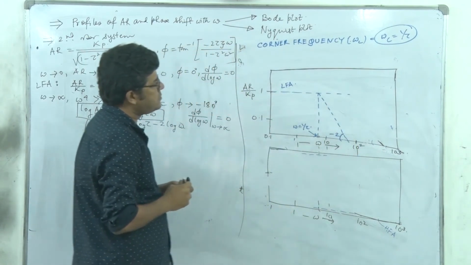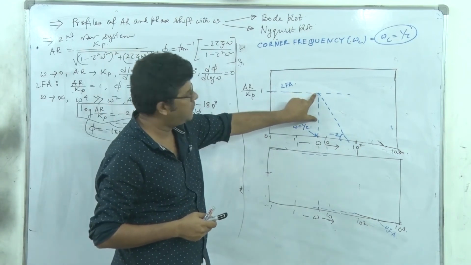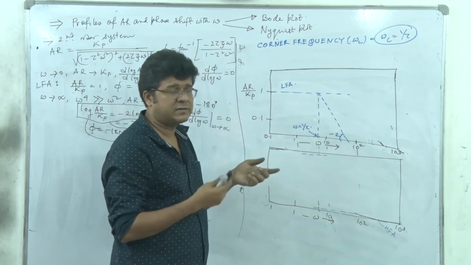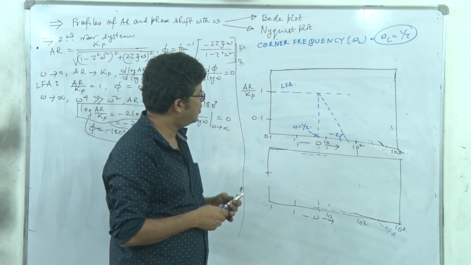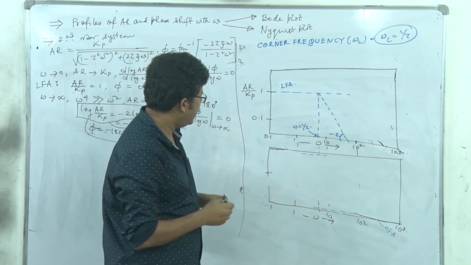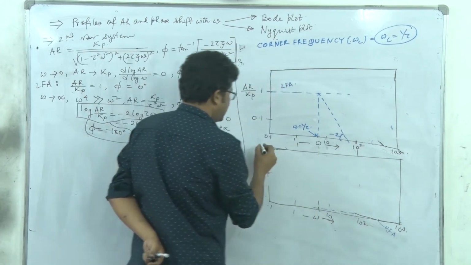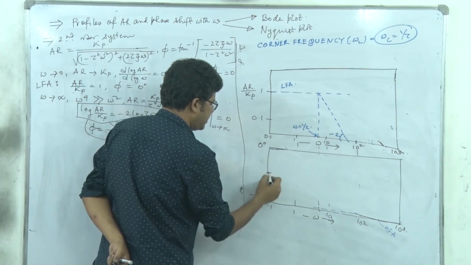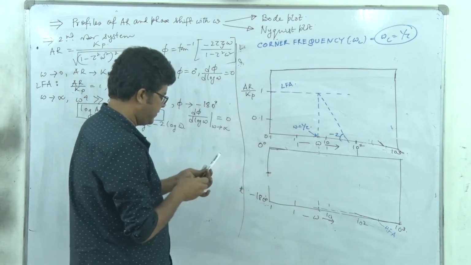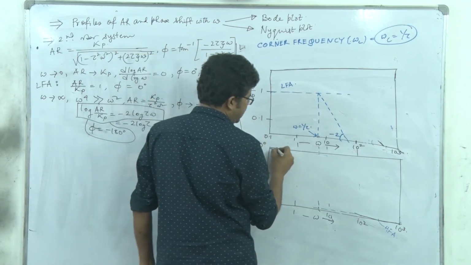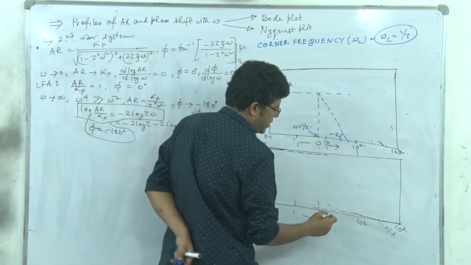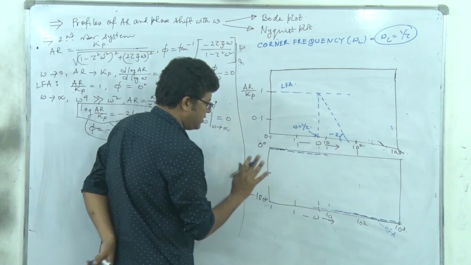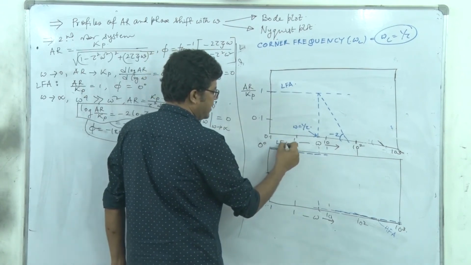That means in this direction, suppose we are going by a scale measurement of 5, so in this we have to go by 2.5, just half of it, and then we will get a slope of minus 2. Okay? And here the limits will be 0 degree to minus 180 degree. Right? And we have the low frequency asymptote as a straight line at phi equal to 0, and this will be the high frequency asymptote, at phi equal to minus 180.